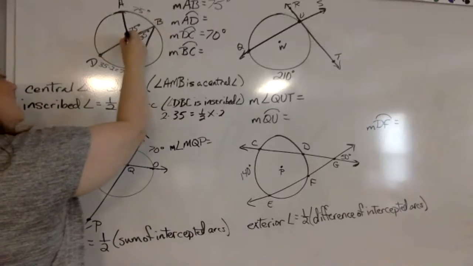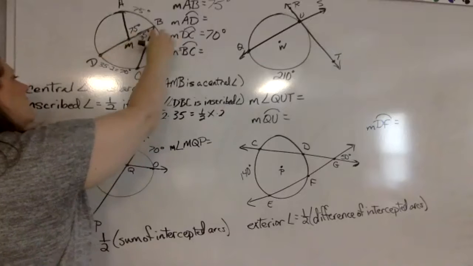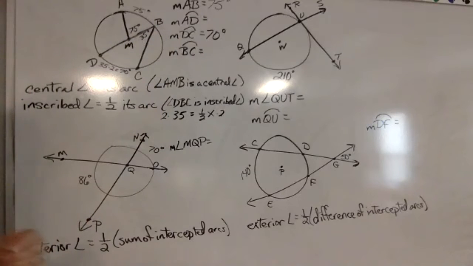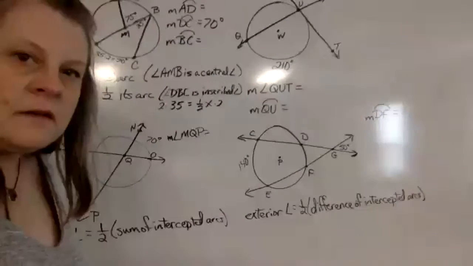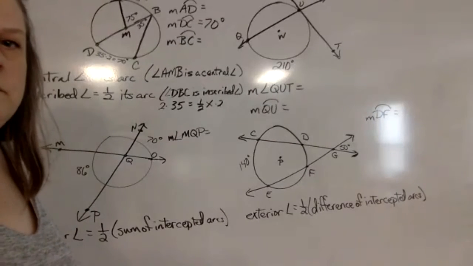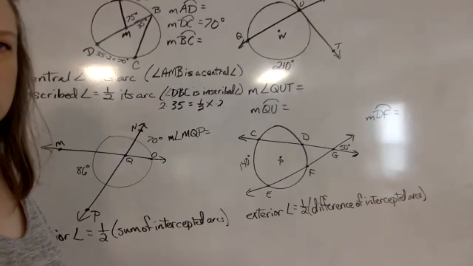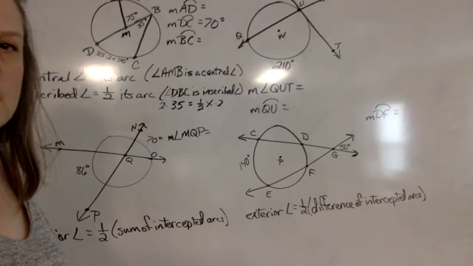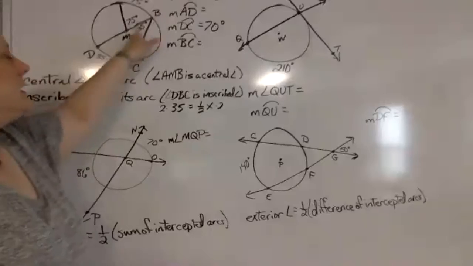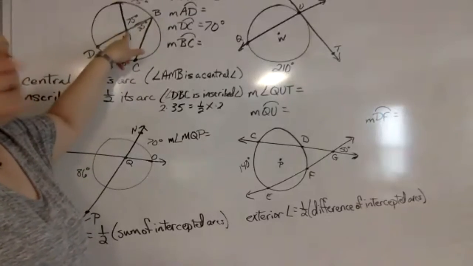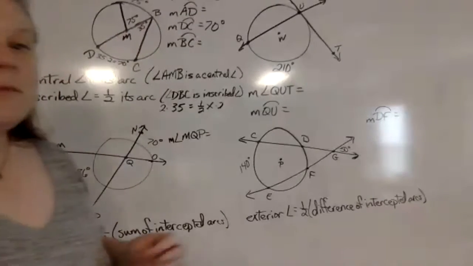What is a segment that goes through the center of the circle all the way across? Segment DB that goes through the center of the circle is called the diameter.